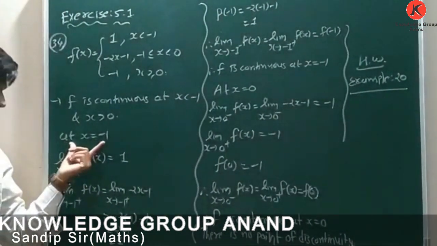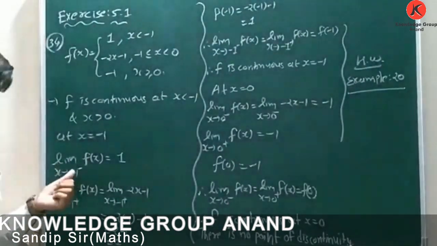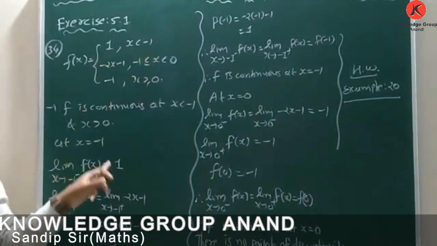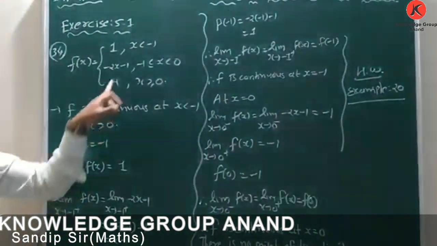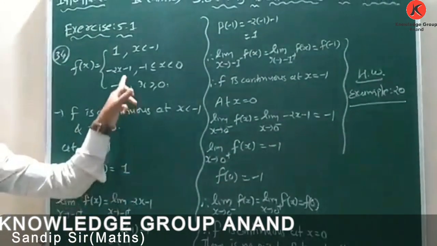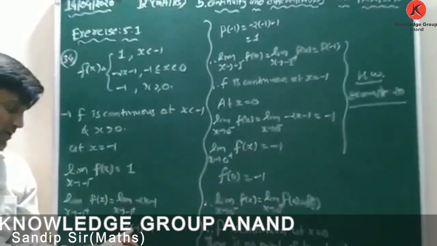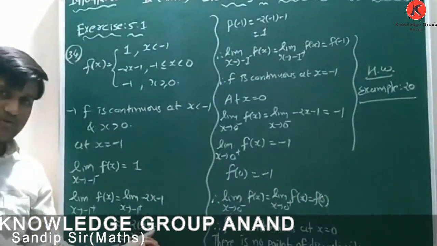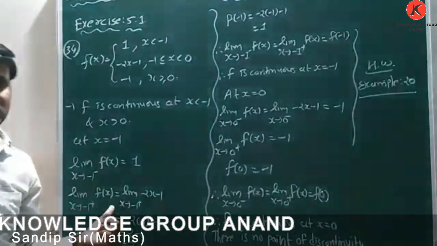At x = −1, the limit as x tends to −1 from the left, slightly less than −1, f(x) gives the answer 1. The limit as x tends to −1 from the right, slightly greater than −1, the function is −2x − 1, so −2(−1) − 1 = 2 − 1 = 1.